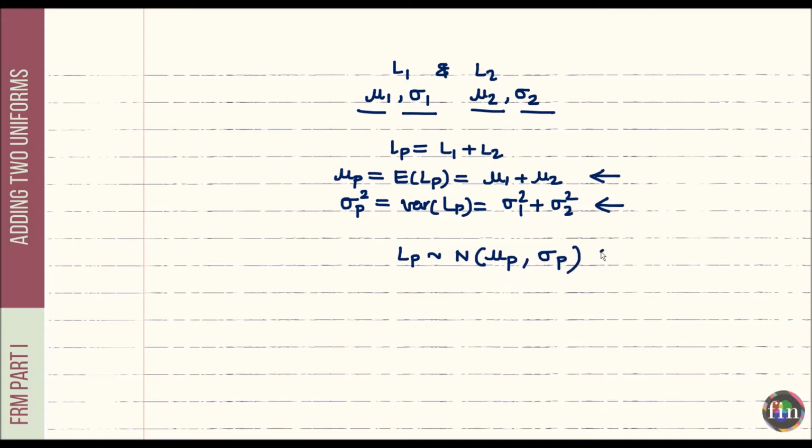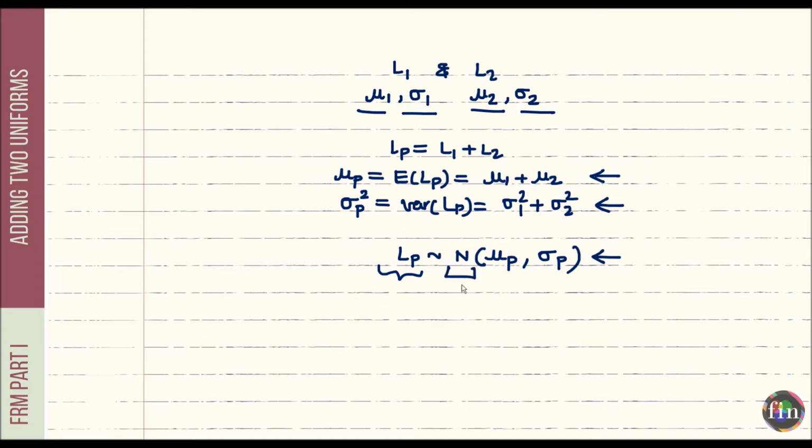And this is a beautiful property which the normal distribution has, and that is that it is stable under addition, which means the LP, the aggregate total of these two random variables which are individually normally distributed, also follows the same distribution.